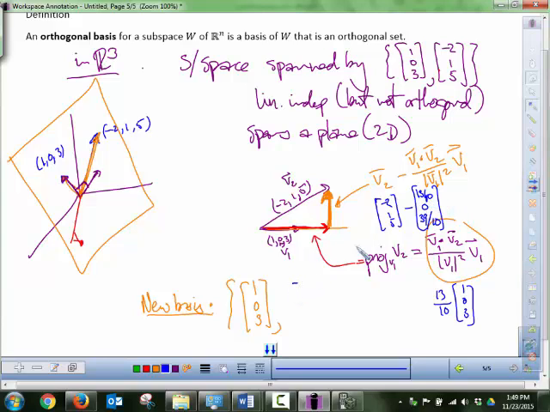So negative 33 tenths. 1 minus 0 is 1, and 5 minus this, 11 tenths.